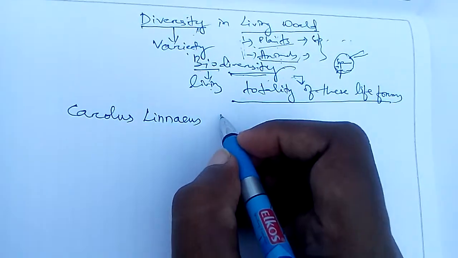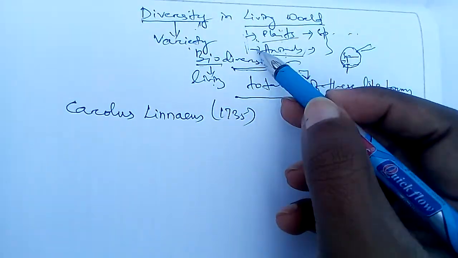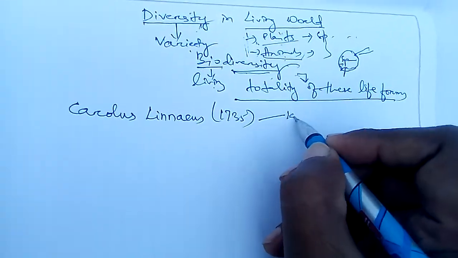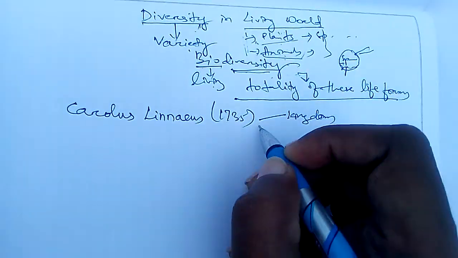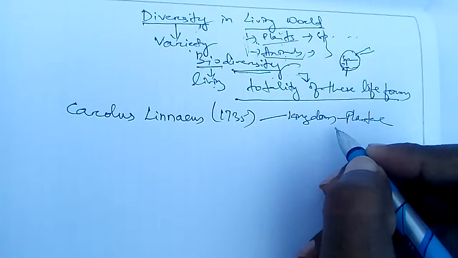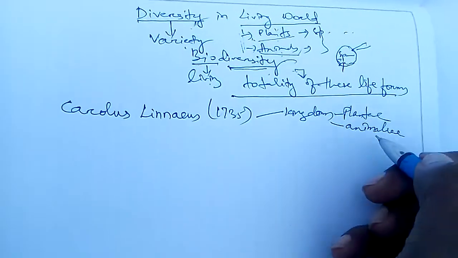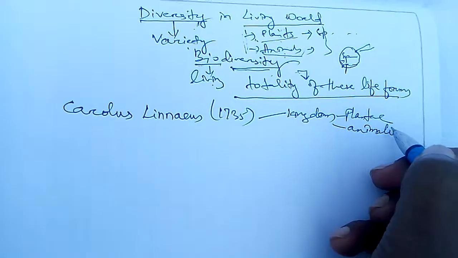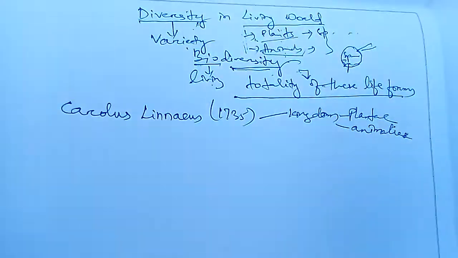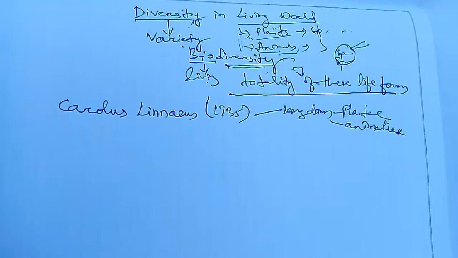Carolus Linnaeus in 1735 first classified all living organisms into two kingdoms, kingdom Plantae and kingdom Animalia.